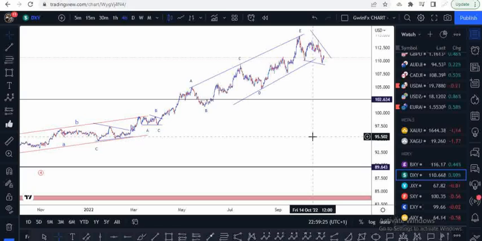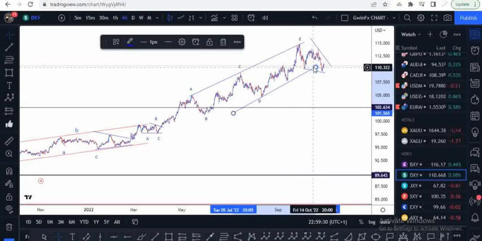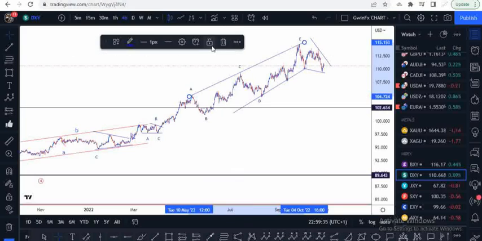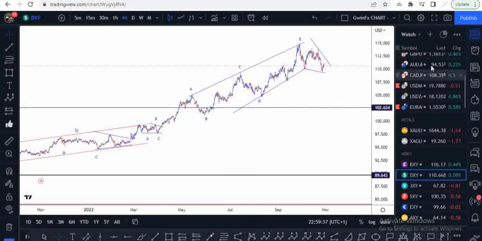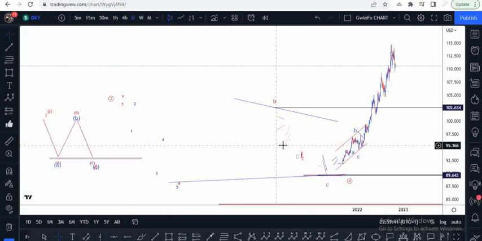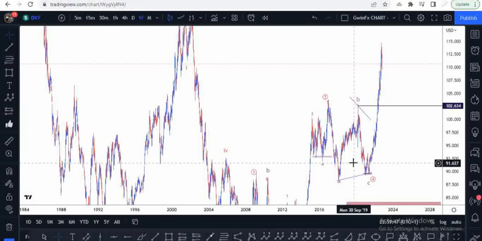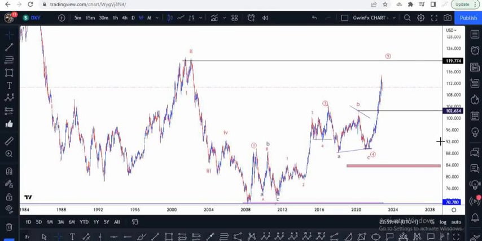Okay, so last week we did see some moves on DXY here, and I'm going to show you what I think happened here with the DXY. It's actually a very simple one, but one that, if you do not understand it, would create some bit of confusion for traders.